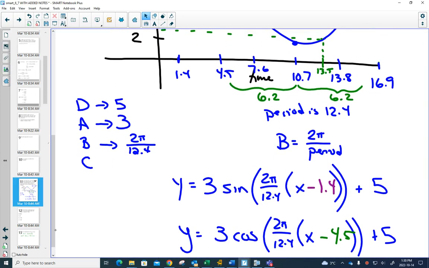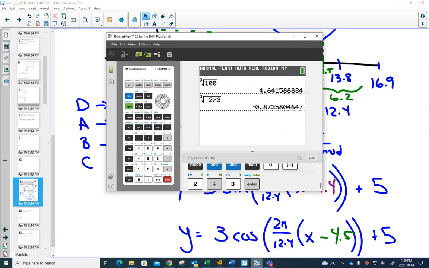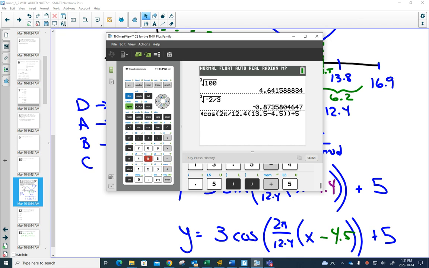So I'm going to use the cos one because I can't see the other one. 3 cos, 2 pi divided by 12.4 bracket, 13.5 minus 4.5, bracket plus 5. So we can see how close was our estimate of 3.